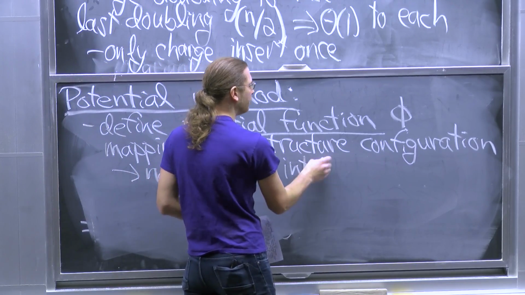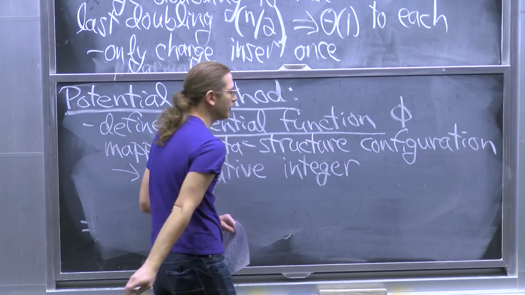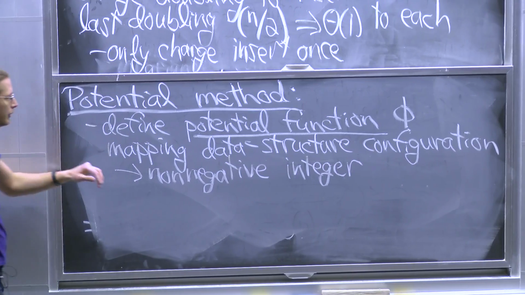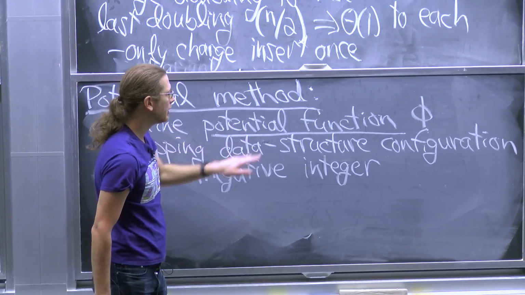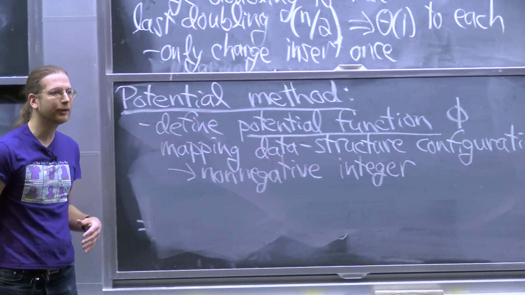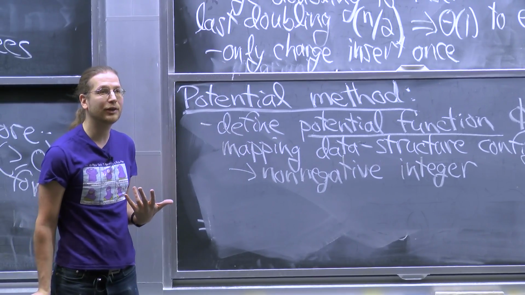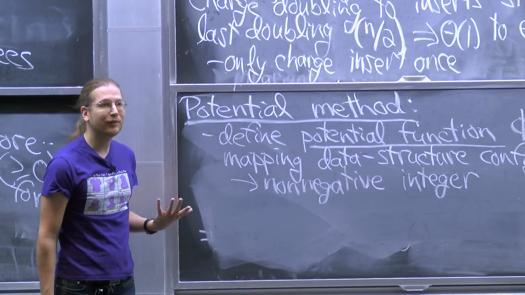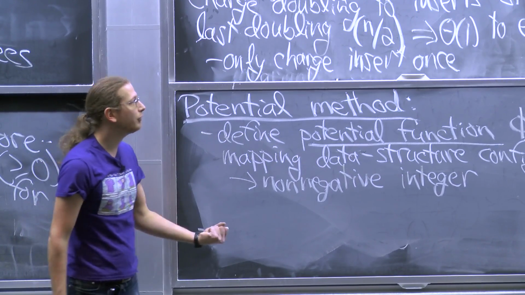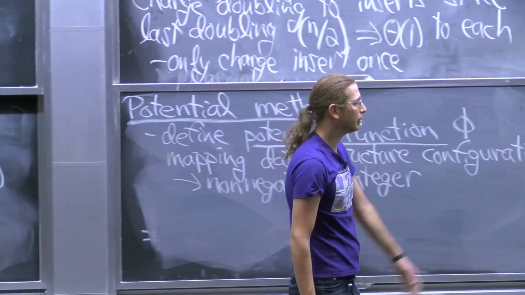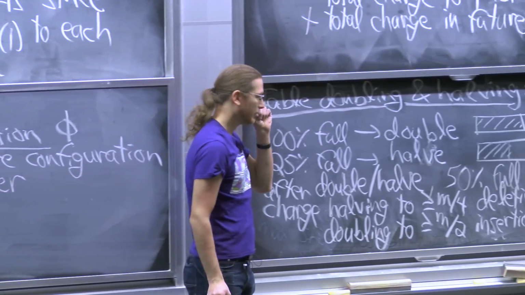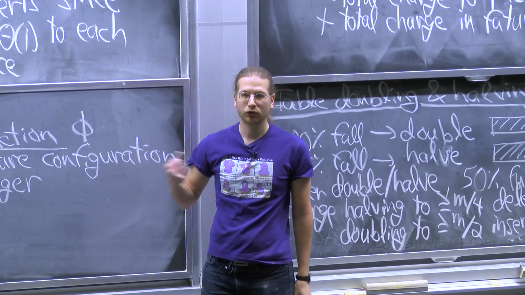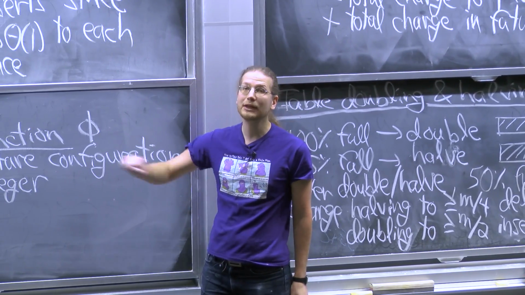We'll also make it an integer. That will be convenient. OK. And the potential function is basically trying to measure how bad is the data structure right now. It's, again, like saving up for a rainy day. We want that whenever we have to do an expensive operation, like a double or a halve, that this potential has grown large enough that we can charge that cost to a decrease in the potential.